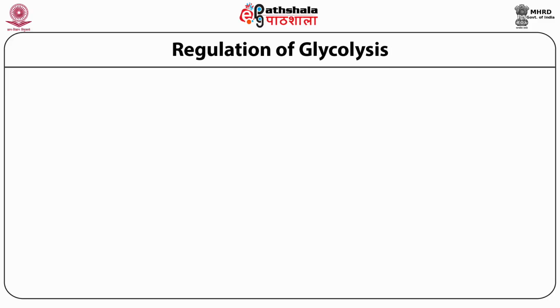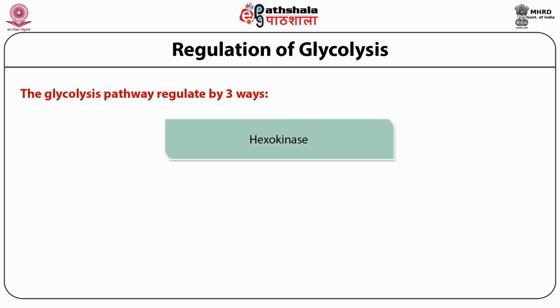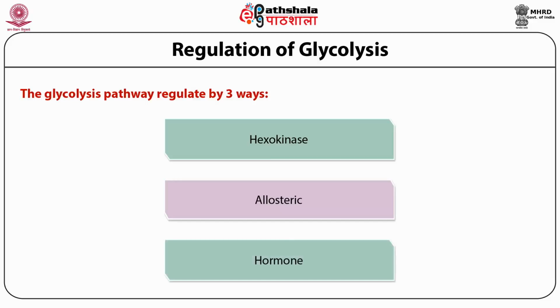Regulation of glycolysis. The glycolysis pathway is regulated in 3 ways: at hexokinase, by allosteric inhibition, and by hormones. Hexokinase. 3 types of hexokinase: hexokinase 1, hexokinase 2, and hexokinase 3 are found.